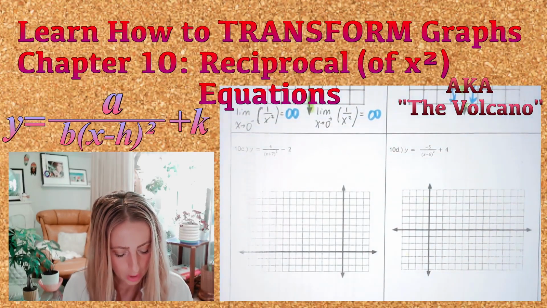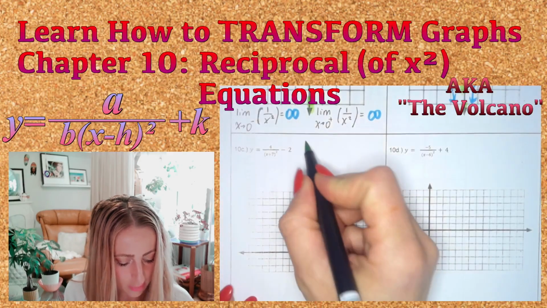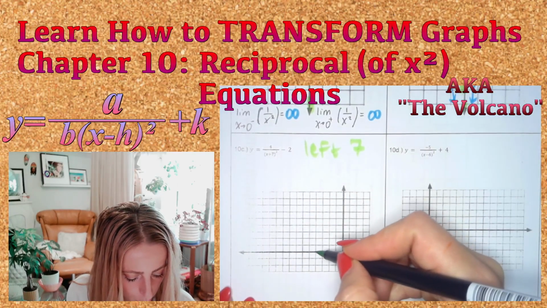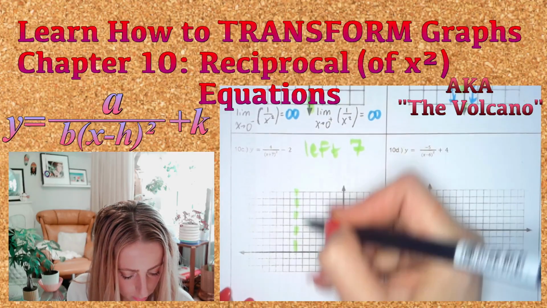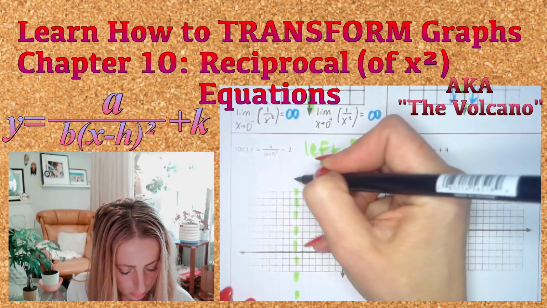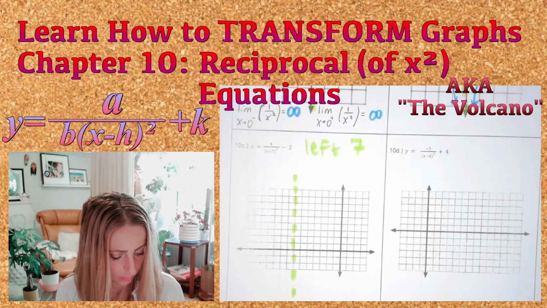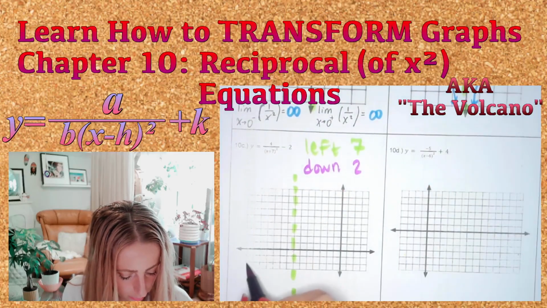Here I will color code the shifting. X plus 7 means left 7, then down 2.